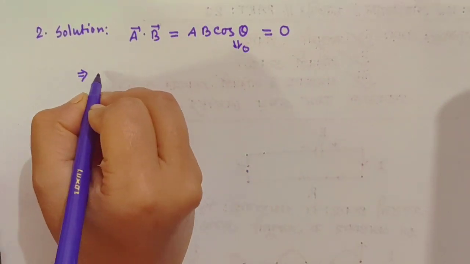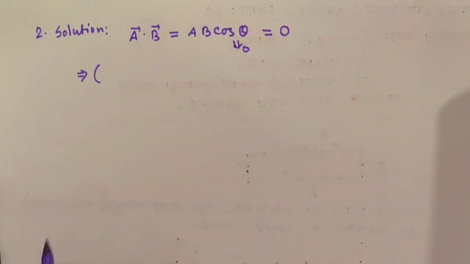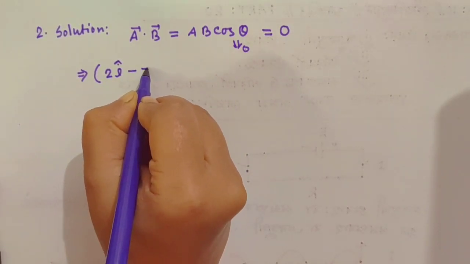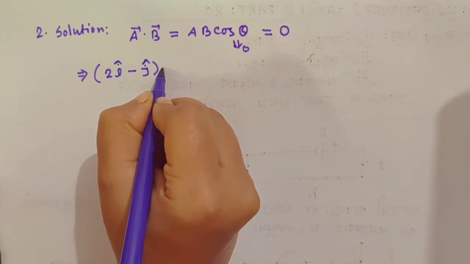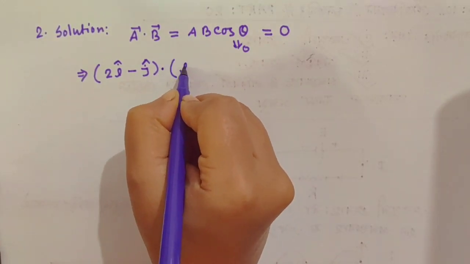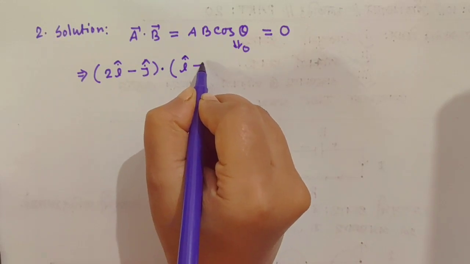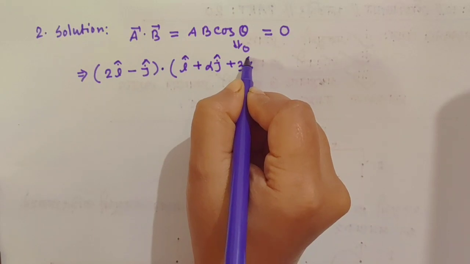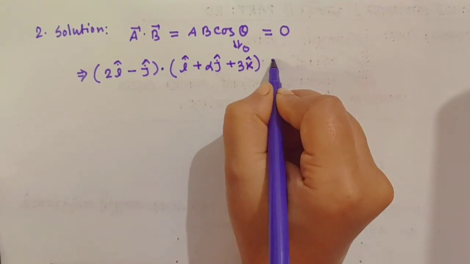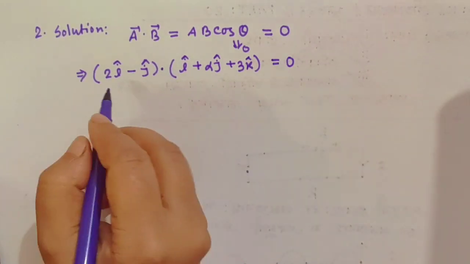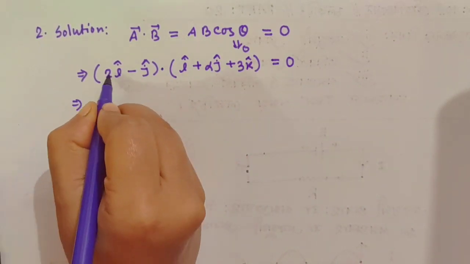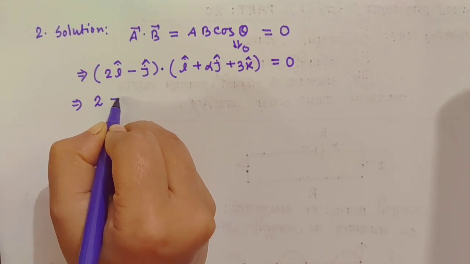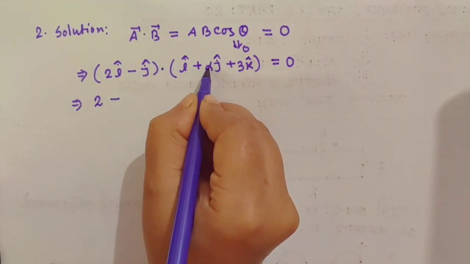Now what is the value of A? According to our question, the value of A is 2i cap minus j cap. What is the value of B? I cap plus alpha j cap plus 3k cap. So A dot B is equal to 0. Now we have to find out this dot product. So 2 and 1, so it's 2 minus 1 into alpha.